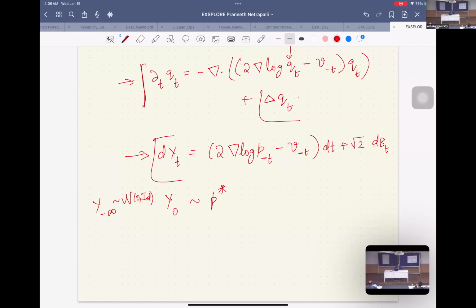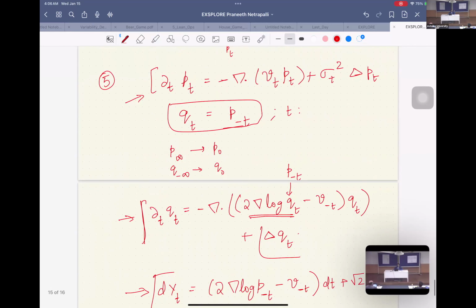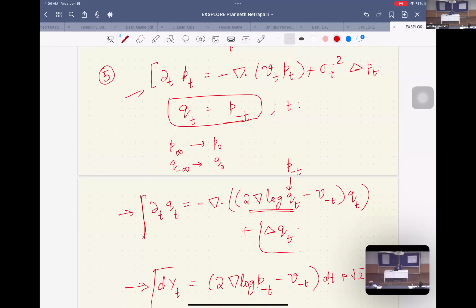Does this make sense? Like this term is new here. Yeah, that's correct. The way we came from here to here is because we are reversing t.